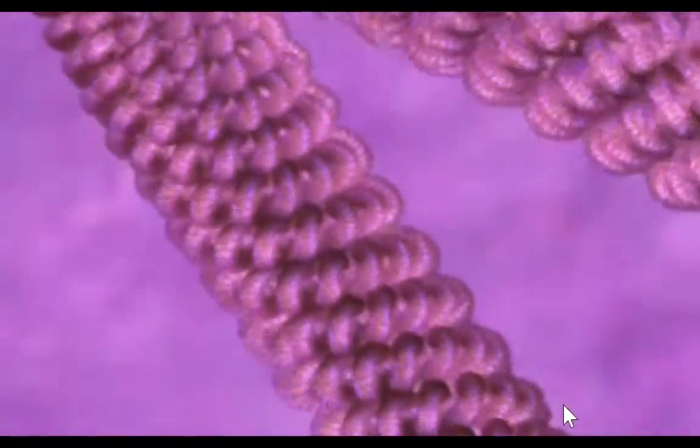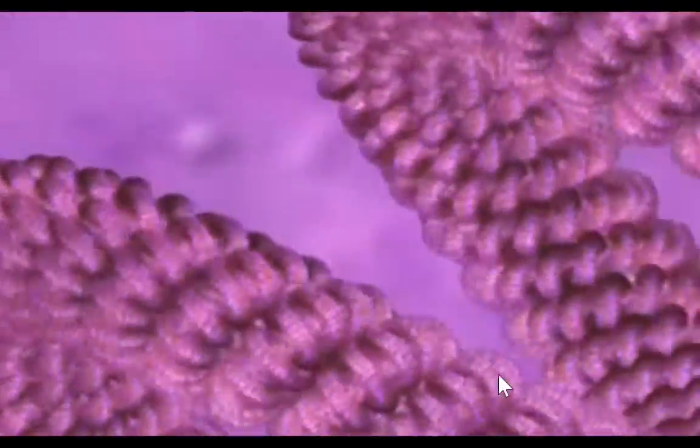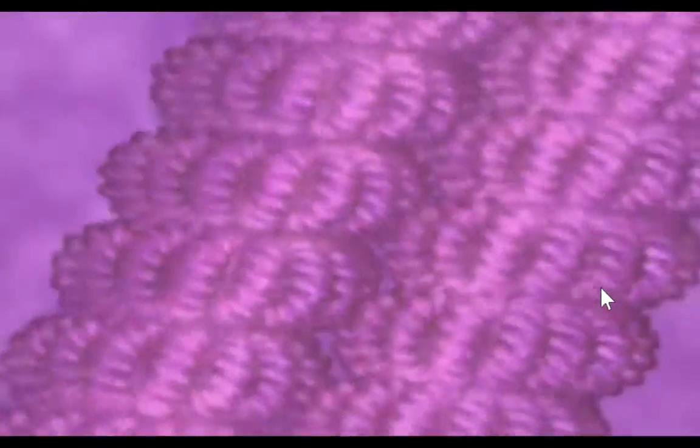Eventually, in the interphase state of the cell, the DNA is in a dispersed form, the so-called chromatin structure. But when the cell divides into two, it combines together and makes this highly condensed form of DNA, the so-called chromosome.